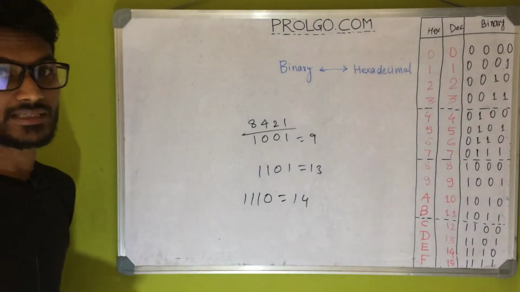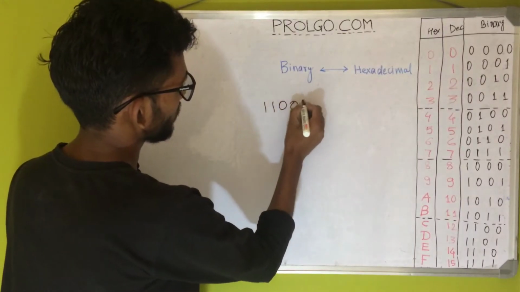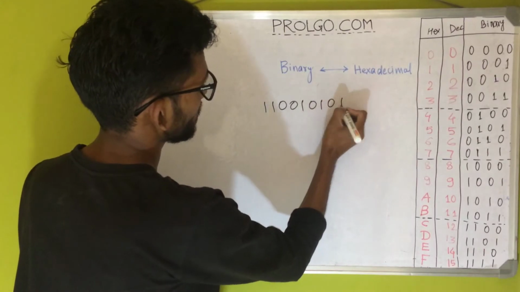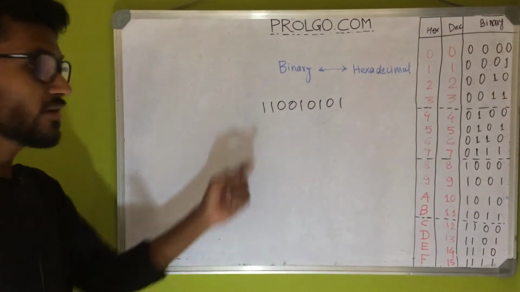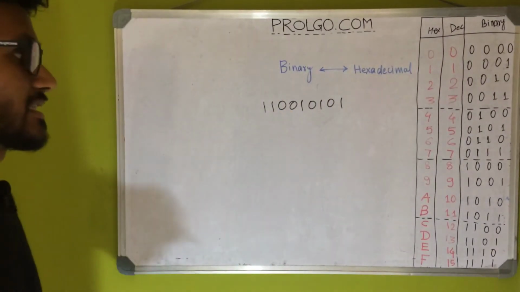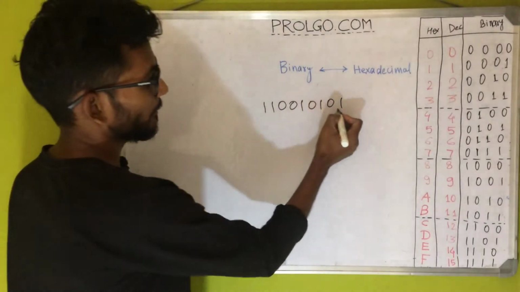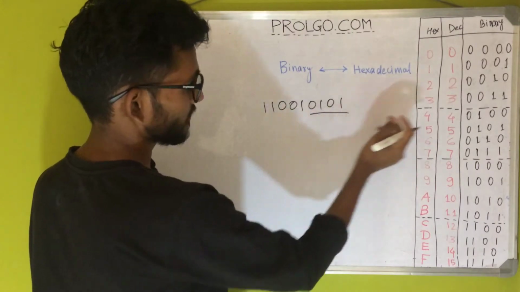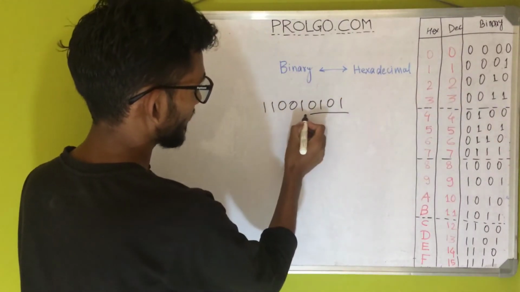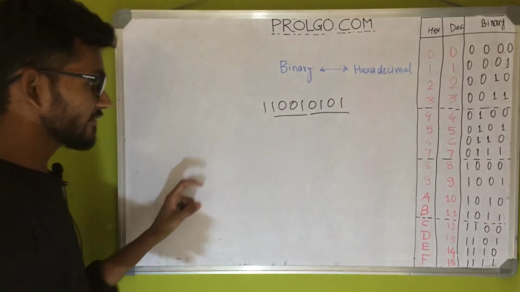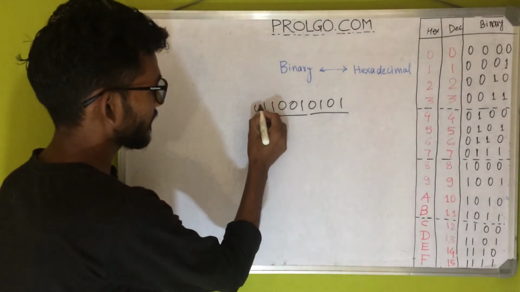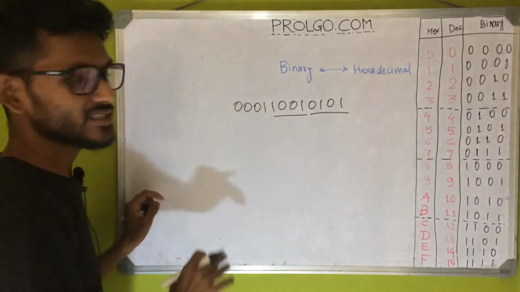Now let's take one example, 1100101101. You have to convert this number into hexadecimal. We use 4 bits as a set. So just make pairs of 4 bits from right to left, and whatever bits are left over, you can either fill by putting extra 0s or 1 is also enough.